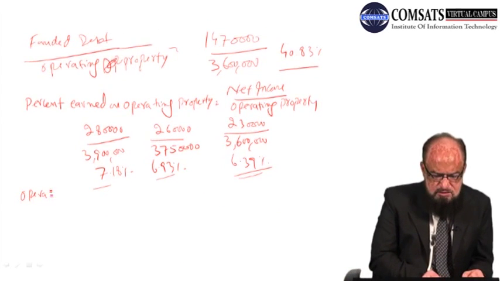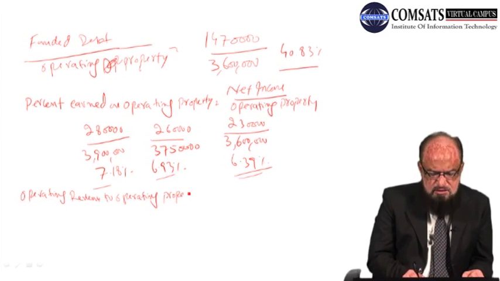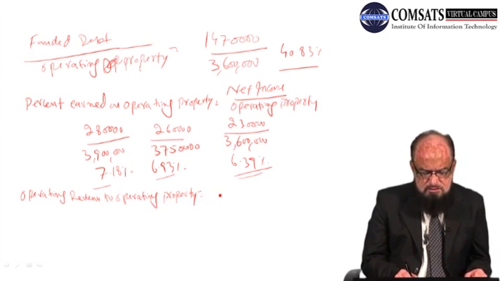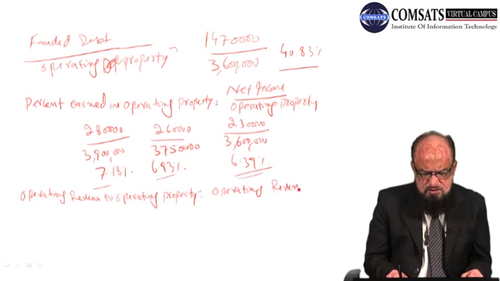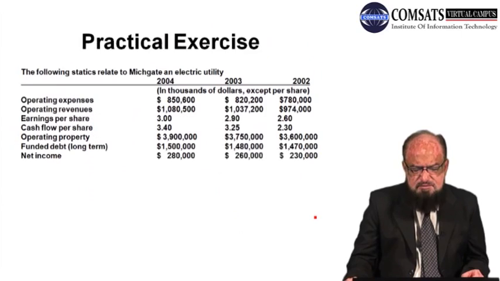The formula is very simple: operating revenue divided by operating property. Operating revenue is given in the question.